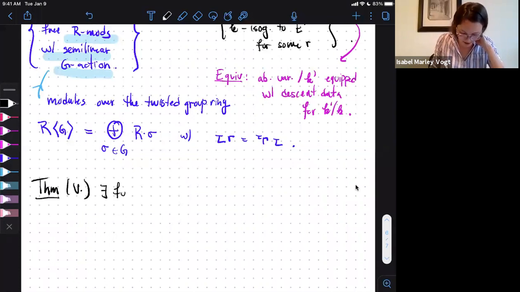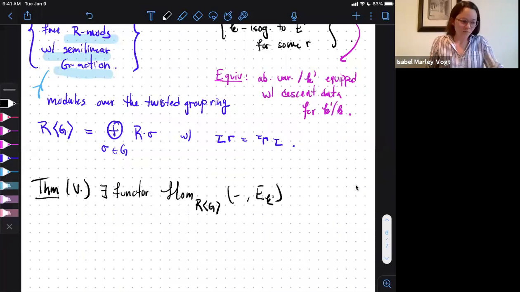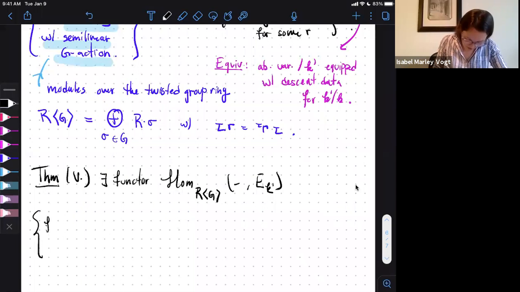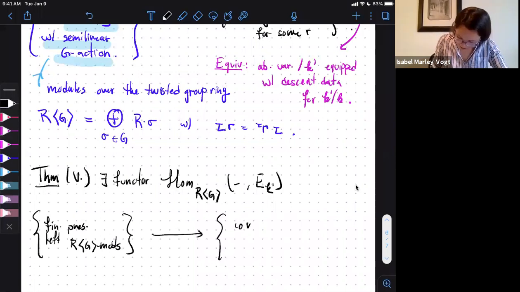So there exists a functor, fancy Hom, R angle bracket G into EK prime, which goes from the category of finitely presented left R angle bracket G modules to the category of commutative proper K group schemes, same as before.